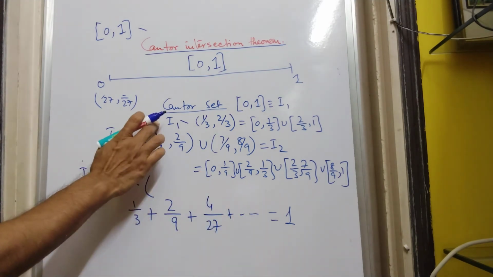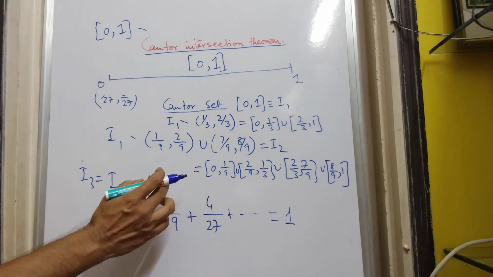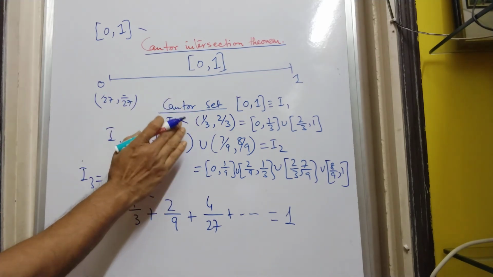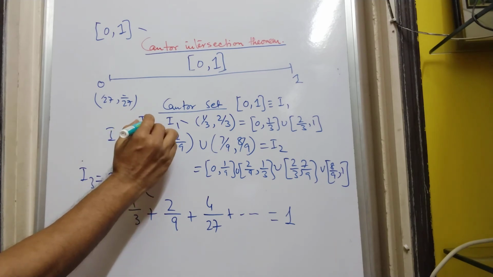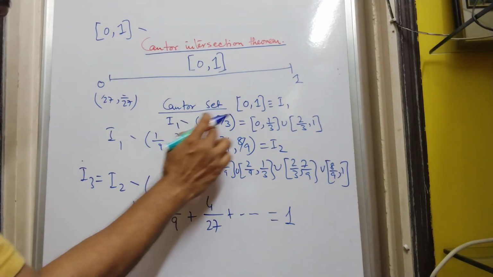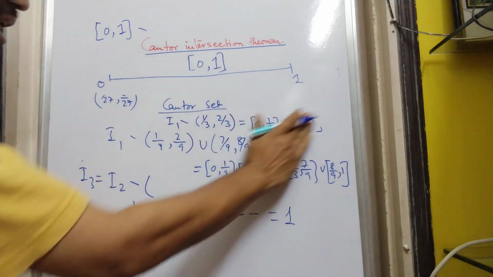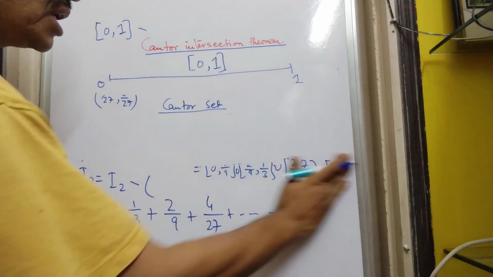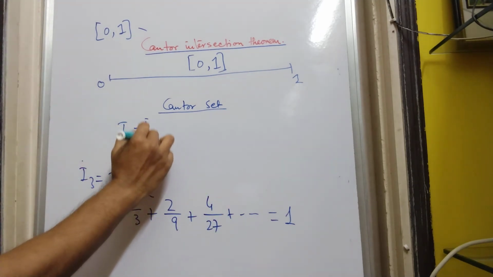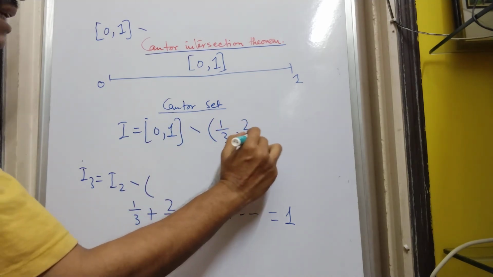Remember that I1 is the intersection of the removed parts. What is I1? I1 is I minus, I is actually 0 to 1, and we remove this part. So I1 is not 0 to 1. I would like to write I is 0 to 1, and we removed from it this open set.